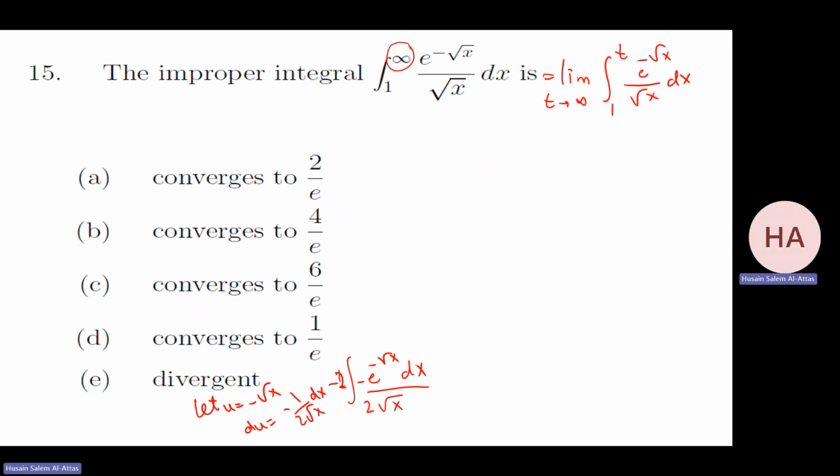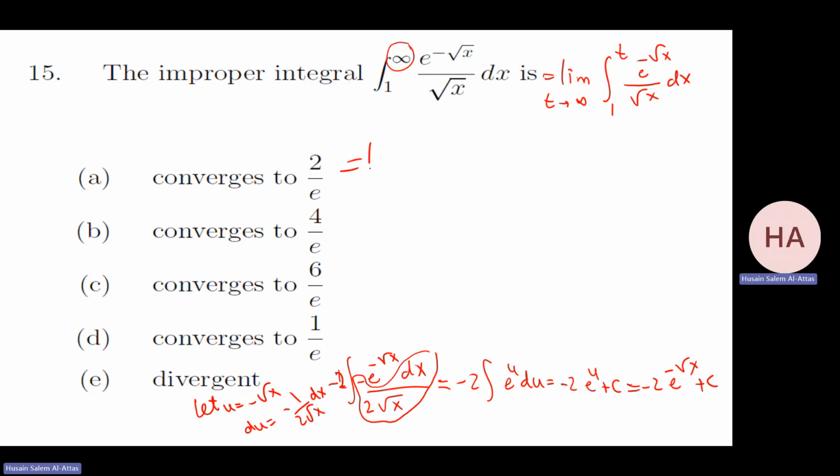Yeah, that will be du. I have minus 2 e to the power u du. That will be minus 2 e^u plus c. What is e^u? That will be minus 2 e^u is minus 2 e^(-square root of x) plus c.